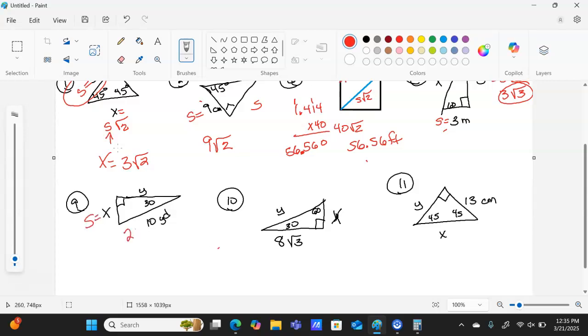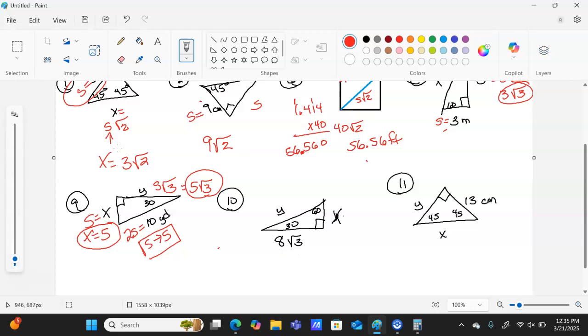The hypotenuse is 2s. And this is s square root of 3. So if 2s is equal to 10, divide both sides by 2, s has to be 5. So I need that piece of information. That means x is 5, because s and x are the same, and y is 5 square root of 3.